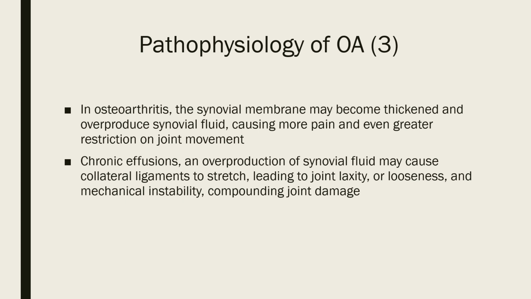So, in osteoarthritis, the synovial membrane may become thickened and overproduce synovial fluid, causing more pain and even greater restriction on joint movement. Chronic effusions and overproduction of synovial fluid may cause collateral ligaments to stretch, leading to joint laxity or looseness and mechanical instability, compounding joint damage.